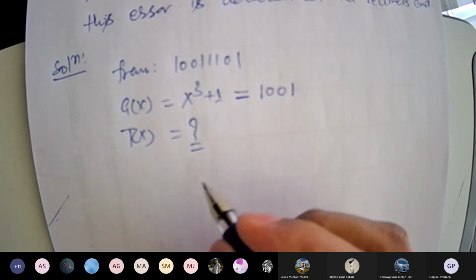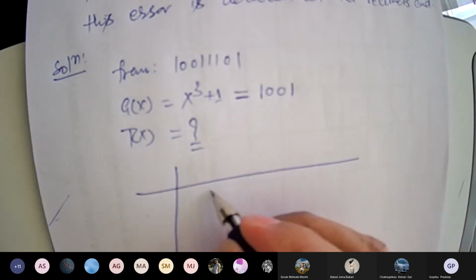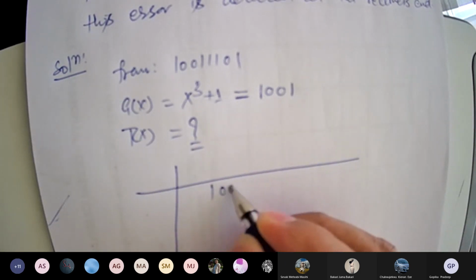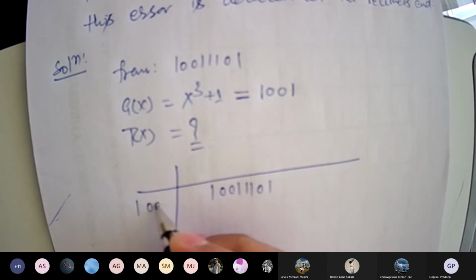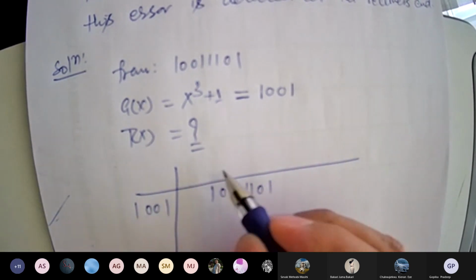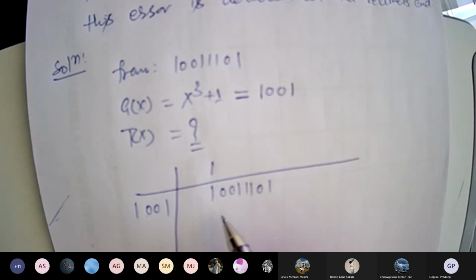So you have to do this division. 10011101 divided by 1001. How many times can you divide? One time.